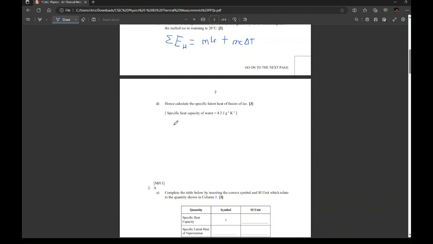So because of that, we're going to write, since EHW, which stands for water, lost. So this is just saying since the energy lost from the water is equal to E sub H I, I'm just going to put gained.